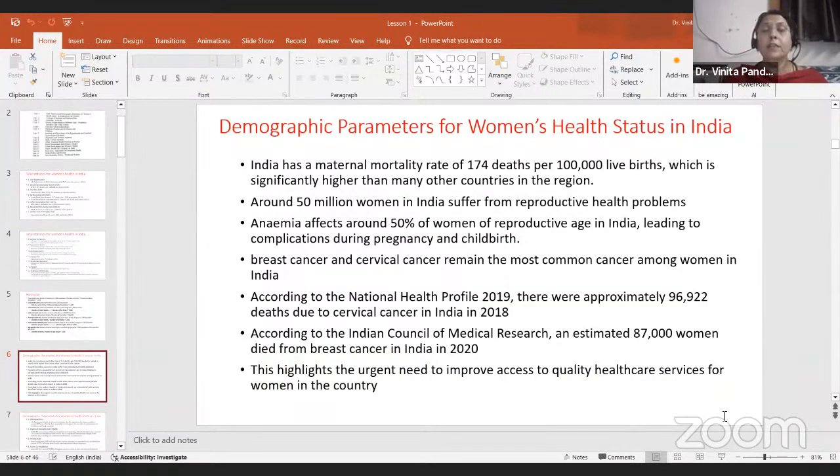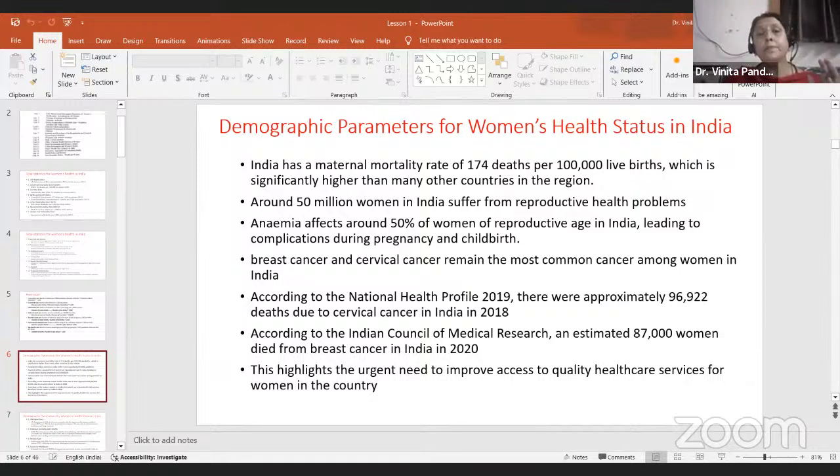Now, when we try to understand demographic parameters with regard to women's health, one of the statistics communicates that India has a maternal mortality rate of 174 deaths per 1 lakh live births, which is significantly higher than many other countries in the region.